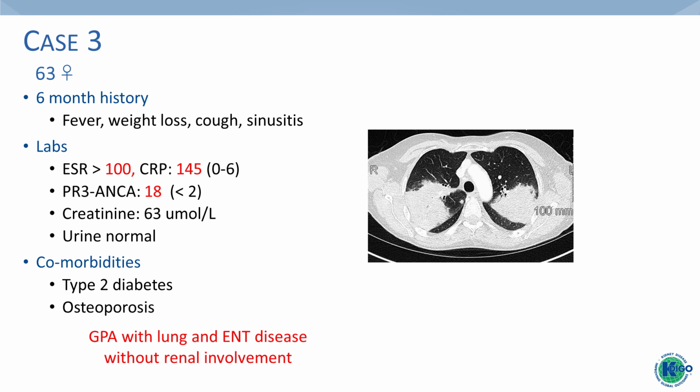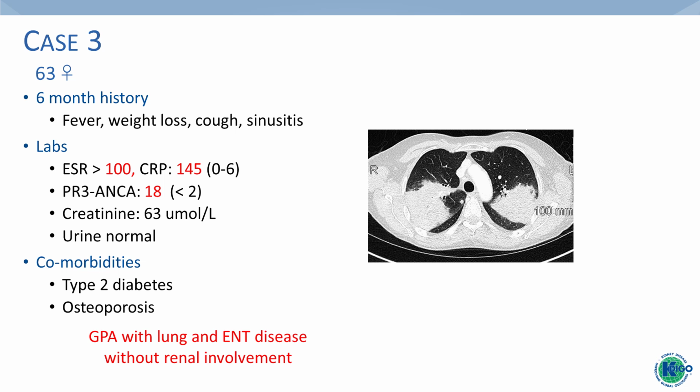And she had extensive bilateral pneumonic consolidation on her chest CT, but a bronchoscopy assured us that there was no evidence of malignancy and no infection was isolated as the cause of this presentation.